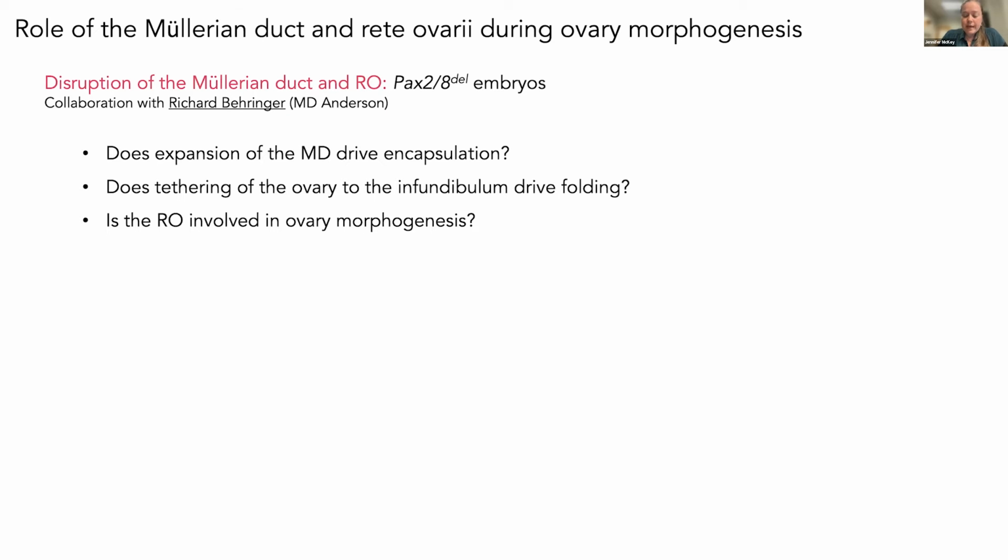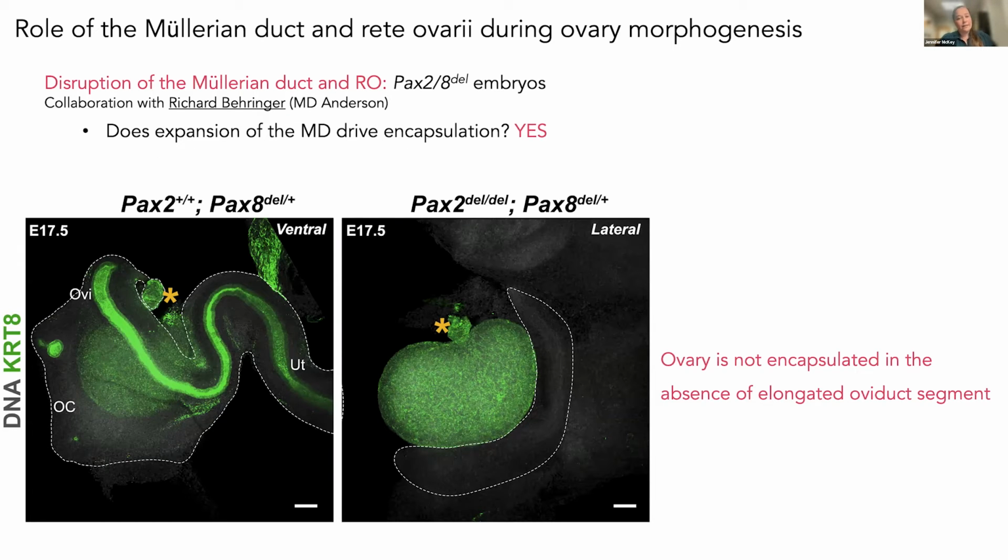So I performed a study on an entire allelic series with these mice, but for the sake of time, I'm only going to show you the genotype that led to the most striking phenotype, which occurred in PAX2 homozygous deletion, PAX8 heterozygous deletion animals. So in a control animal, you can see that the oviduct has expanded, and we see this long segment of the oviduct wrapped around the ovary.